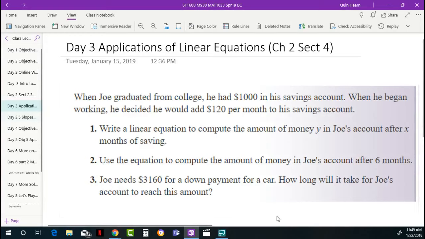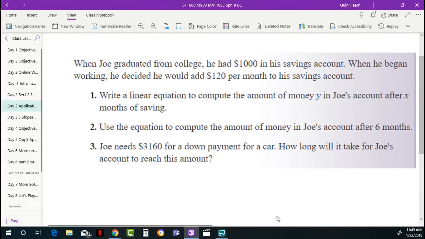Okay, so let's start with number 1. Number 1 is sort of giving us a clue because it's telling us that we can write the relationship to represent the relationship between the months of saving and the amount of money in the account using a linear equation.